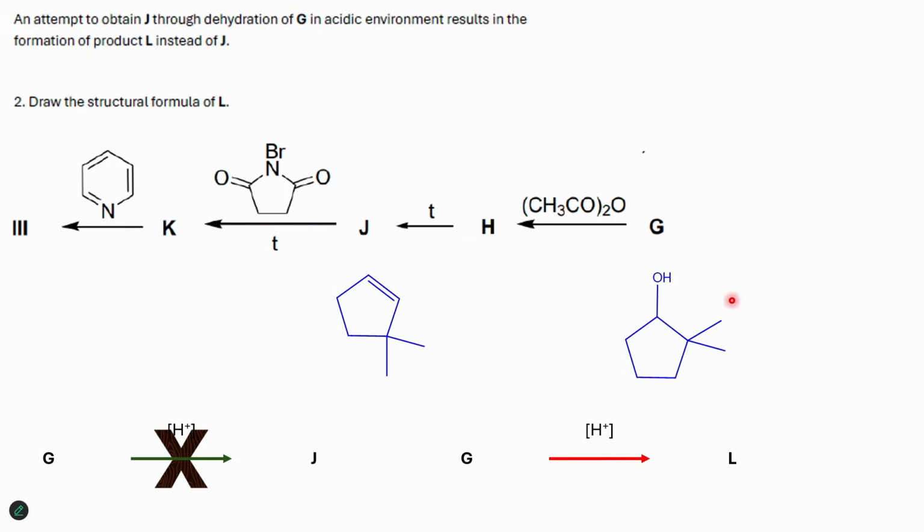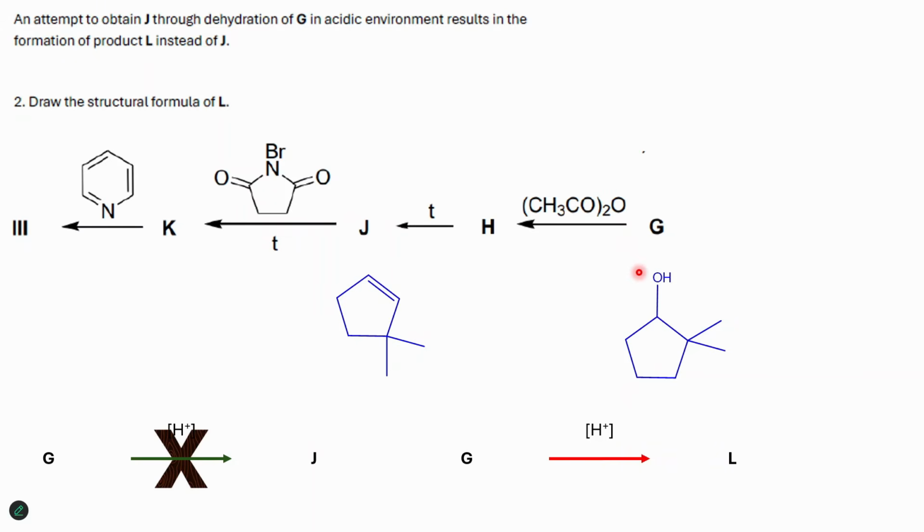What would be the interaction of a secondary alcohol with a proton? So now we have to think about potential interaction. Also, we have to keep in mind that we are trying to have an elimination reaction. Let's take a look at the original reaction from G to J. What they did here is actually elimination, but as we know, we have two types of elimination, E1 and E2. Here, what happened was E2 elimination.